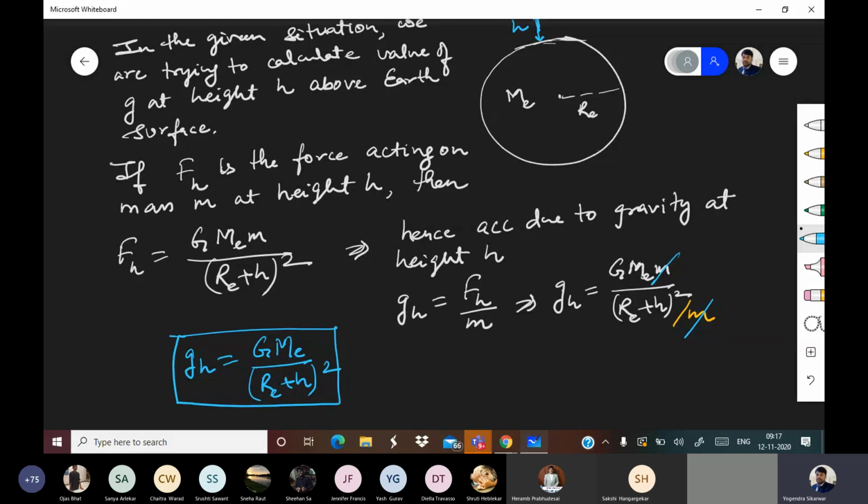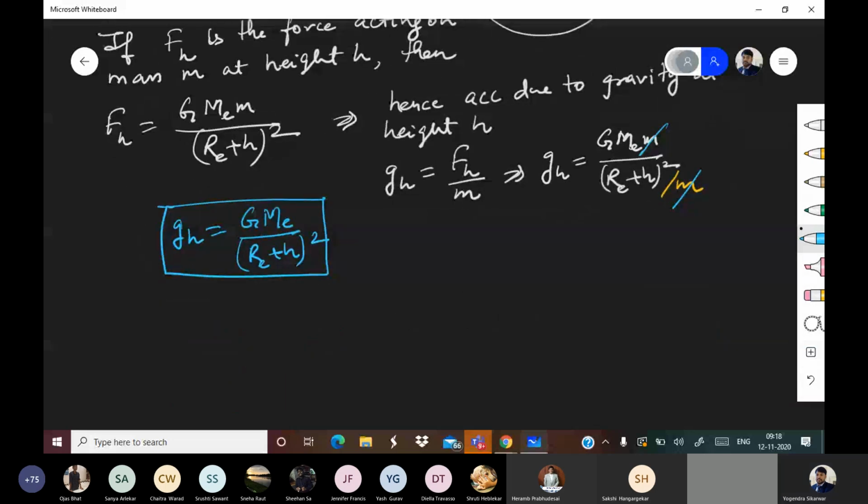Okay. This also can be used as the formula, but we don't use this formula in this way. Though it can be used, but we don't use it this way. So what to do? Let us see.